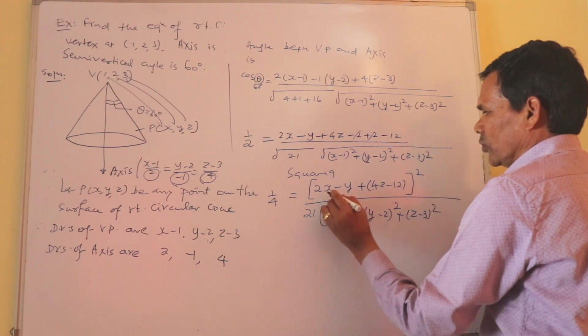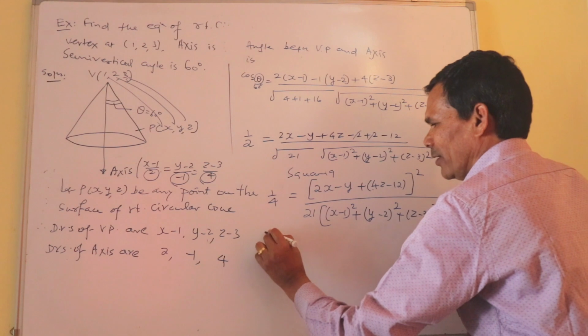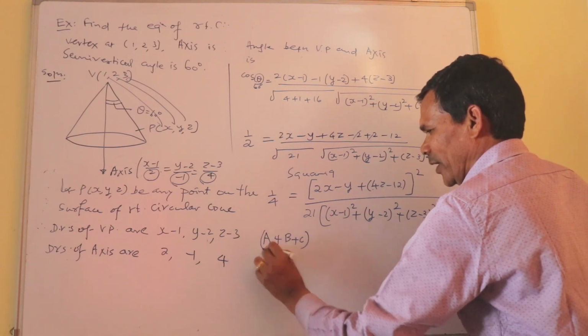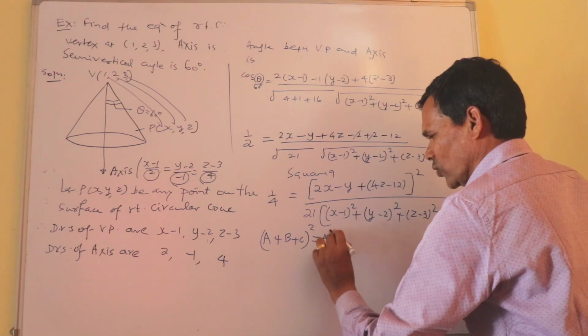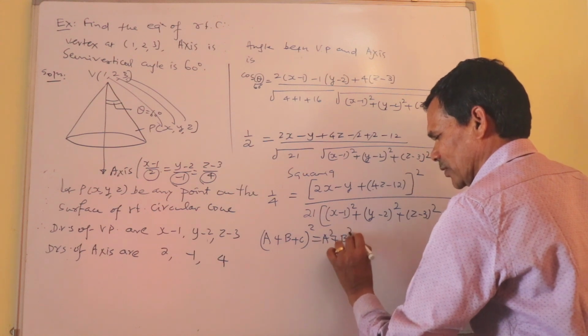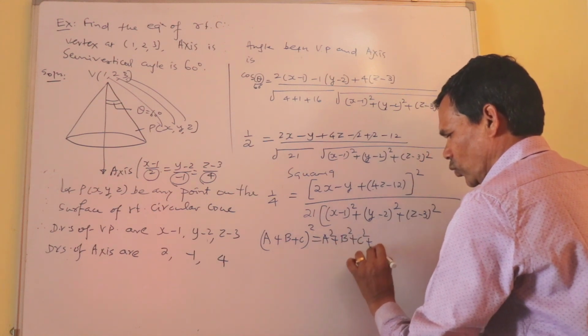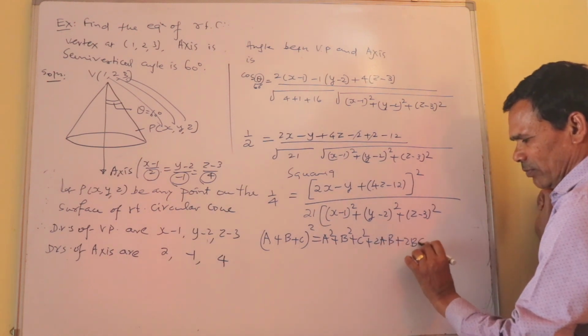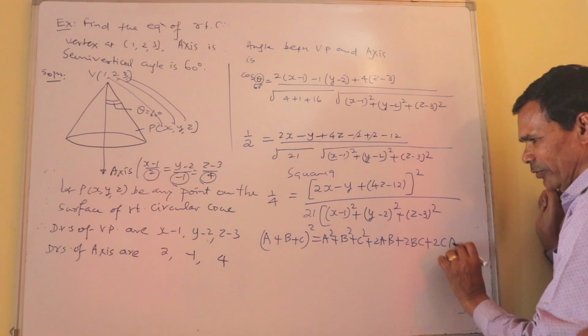Now to simplify this, to open this bracket, we use the formula (a plus b plus c) bracket square equal to a square plus b square plus c square plus 2ab plus 2bc plus 2ca. This formula we are using.